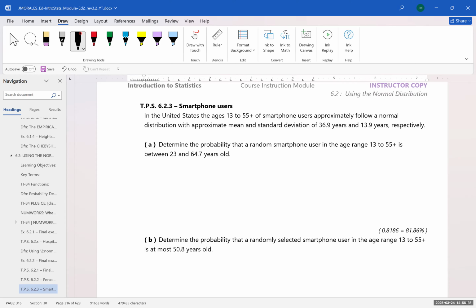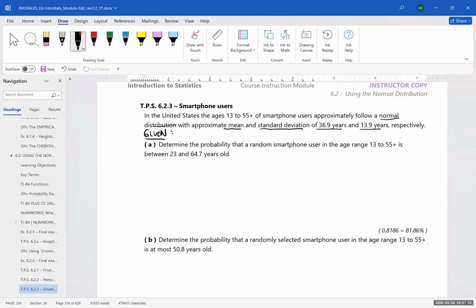Okay, so let's put down our givens. That's always helpful. What we're looking at is a mean and standard deviation of 36.9 and 13.9, and it's normally distributed.